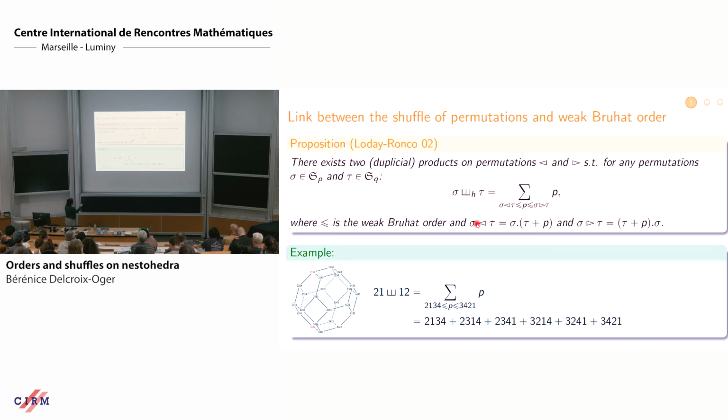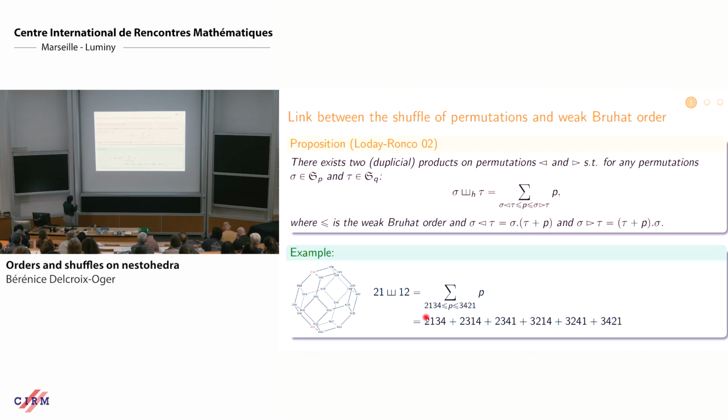So the first duplicial product is obtained by just concatenating sigma with the shift of tau, and the second one is obtained by concatenating first the shift of tau with sigma. So with 2, 1 and 1, 2, we will get the interval between 2, 1, 3, 4, which is the shift of 1, 2, and 3, 4, 2, 1.